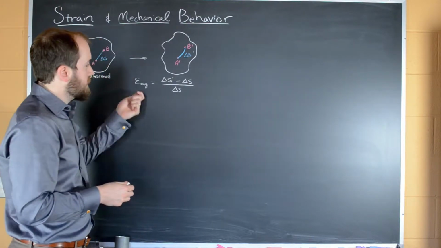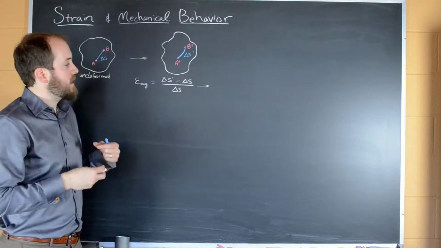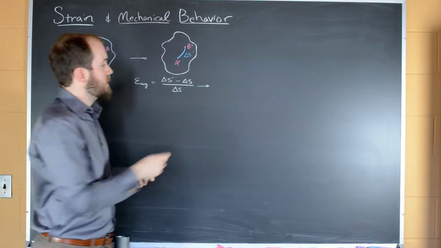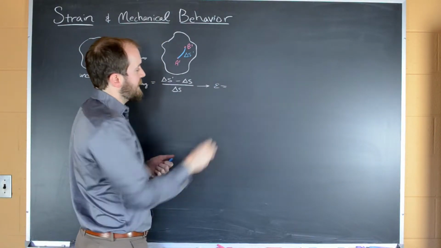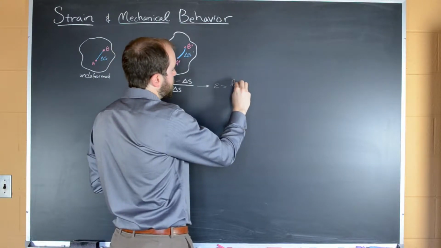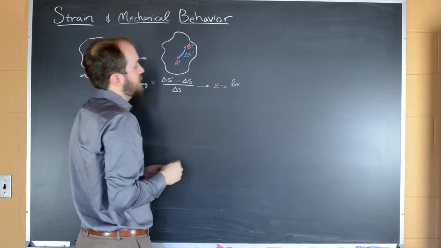And so we can make this a little bit less approximate, less like an average, and look at the strain at a given point. And the way that we do that is by taking the limit as the distance between A and B goes to 0.